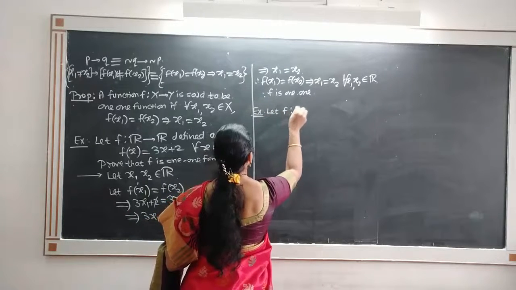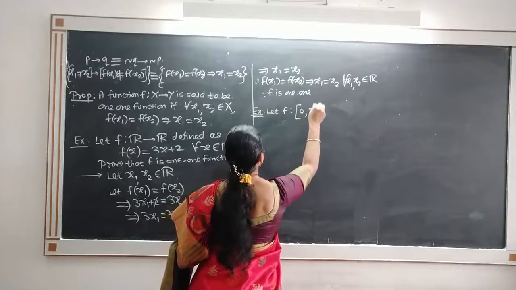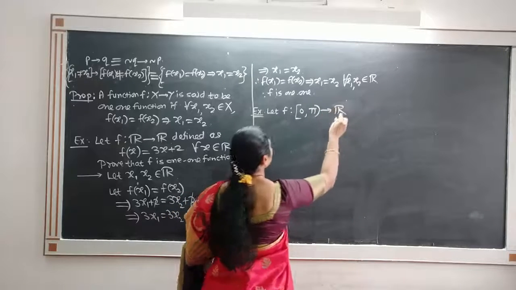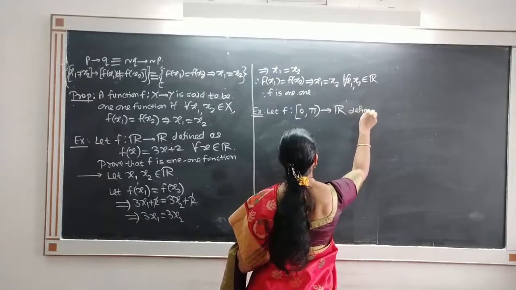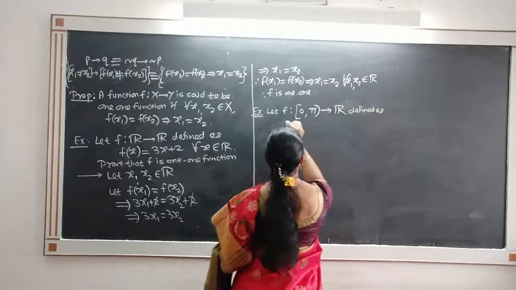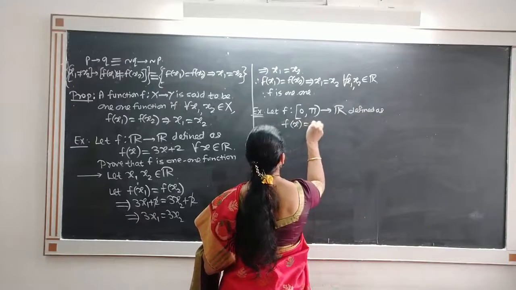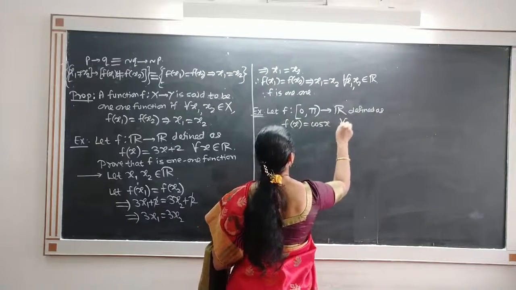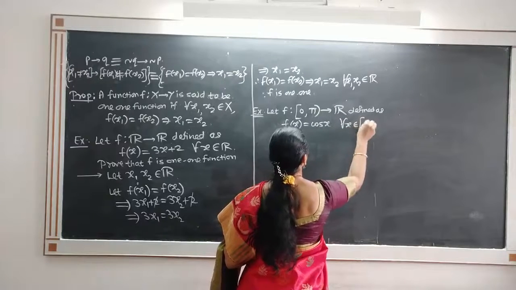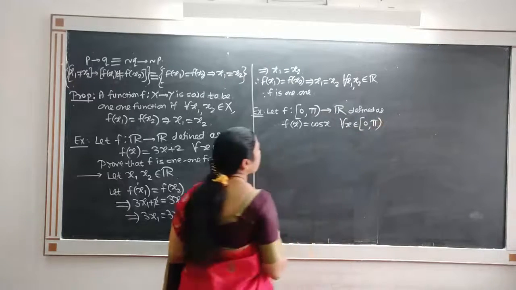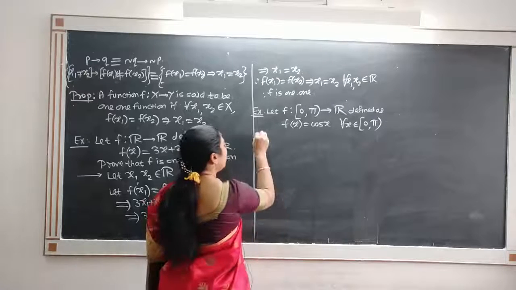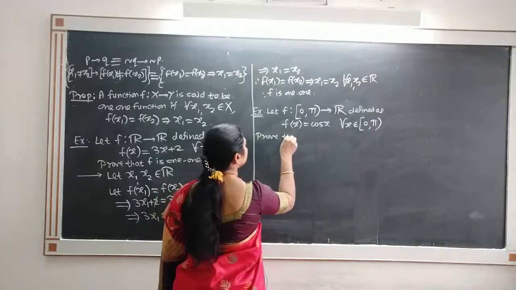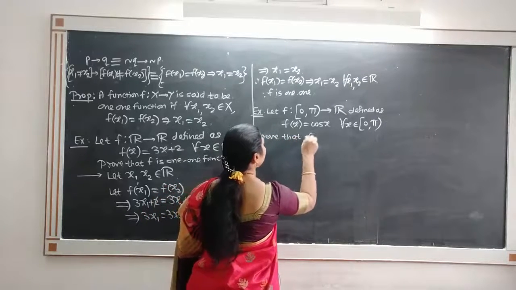Let f be a function from 0 to pi to R, defined as f of x is equal to cos x for every x belonging to the interval, that is the domain. Prove that f is a one-one function.